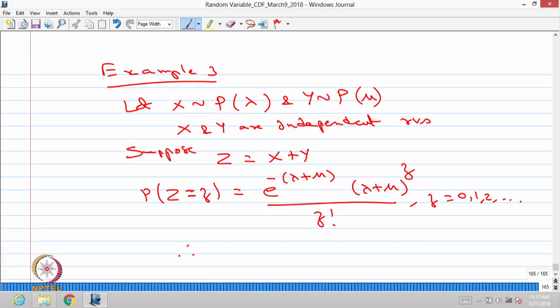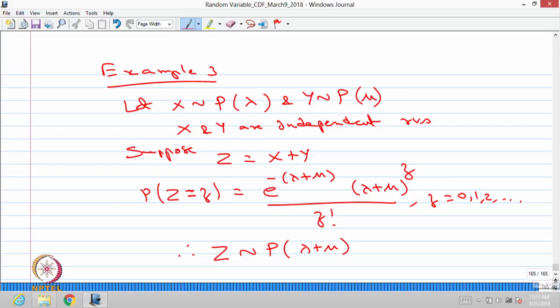Therefore, one can conclude Z is also Poisson distributed with the parameter lambda plus mu. That means if you have two independent random variables, both Poisson distributed with some parameters, then the sum is also going to be a Poisson distribution with the parameter being the sum of their parameters.